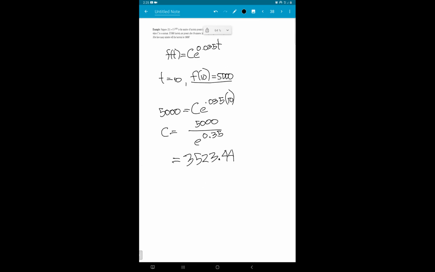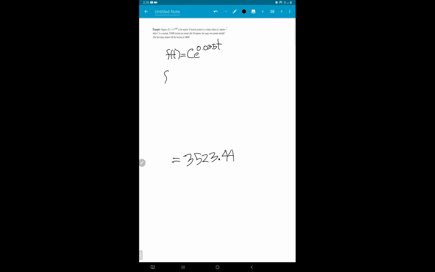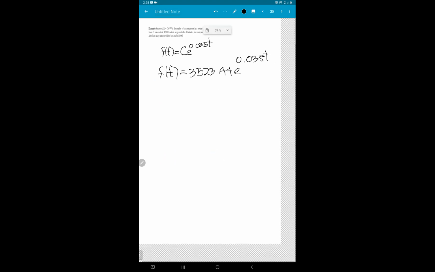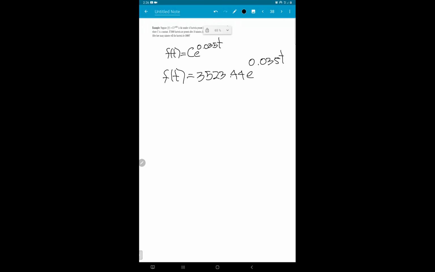And so we can write the function now as f of t equals 3,523.44 e to the 0.035 t. Okay. So we have the function now, and therefore we can answer the questions now.